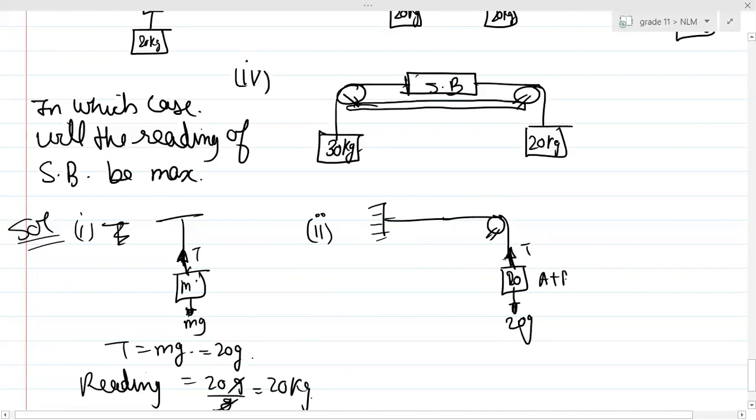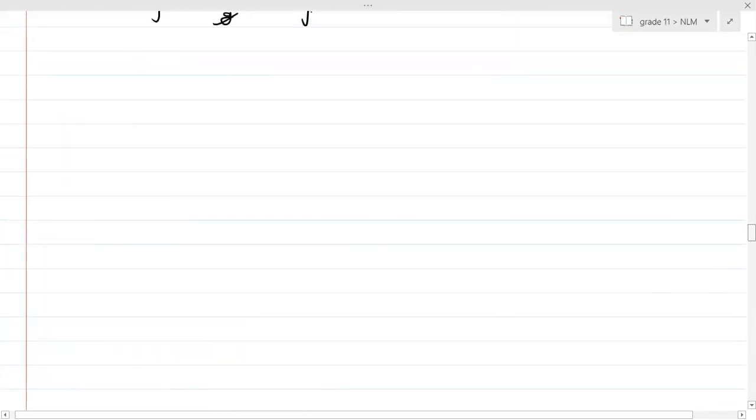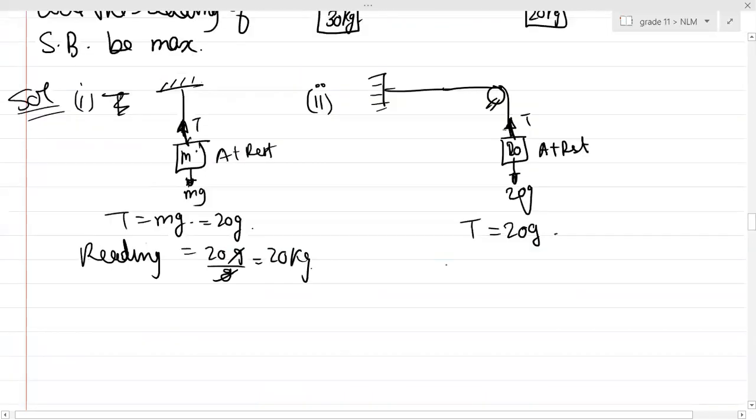This will be at rest, because that support cannot move. So in this case, tension will again be 20g, and the reading will again be 20g divided by g, which will be 20 kg.